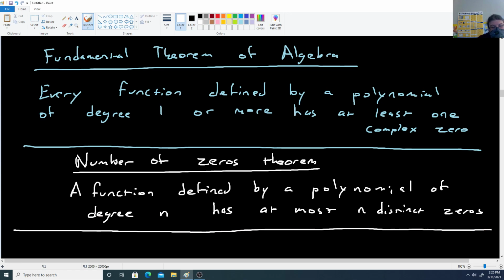Okay, so we're going to combine some of these ideas together to solve the next example, and after that we've got a couple more ideas, and then we'll get to our last example or two.